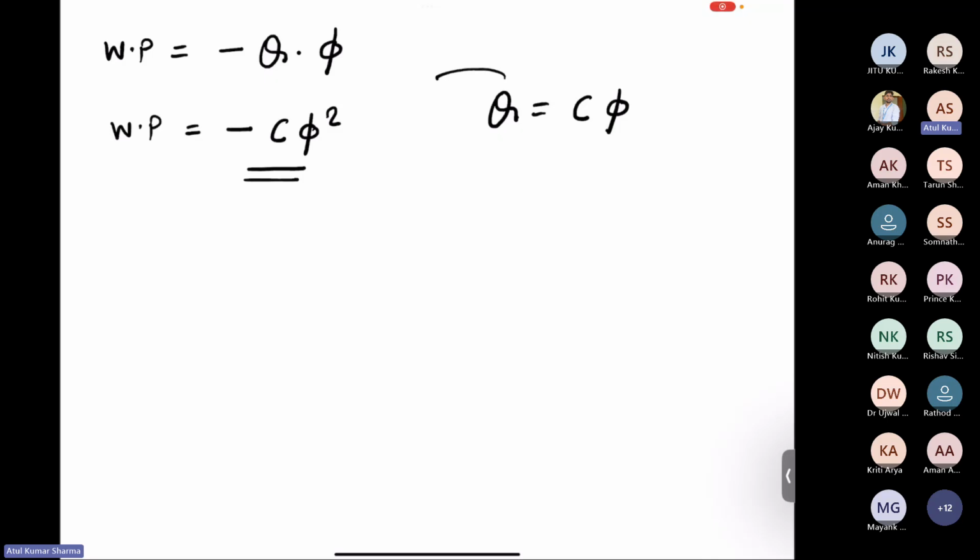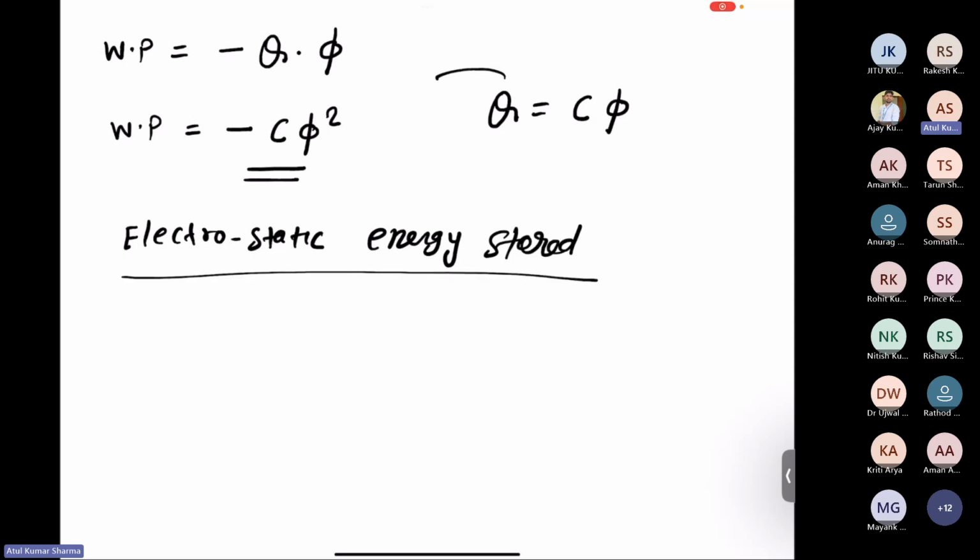Now, if we talk about the electrostatic energy stored, what is that quantity? The energy stored in the system for a parallel plate capacitor is nothing but half CV square. आपने पढ़ा होगा. So that is here half C phi square, because we are representing voltage by phi.